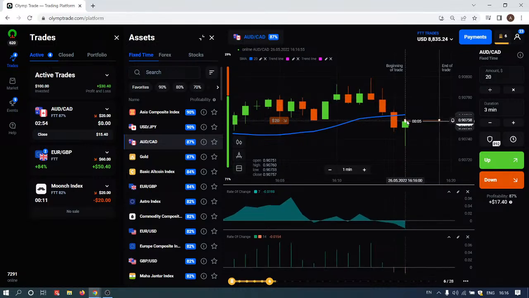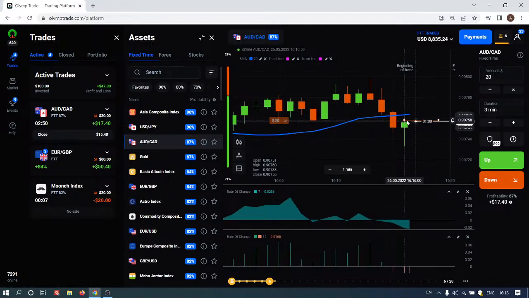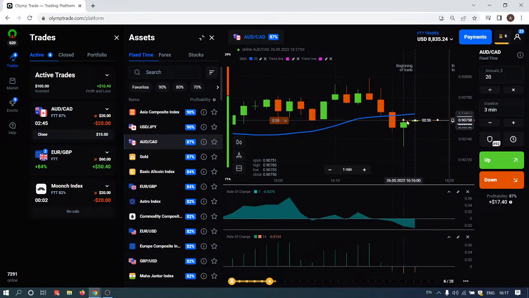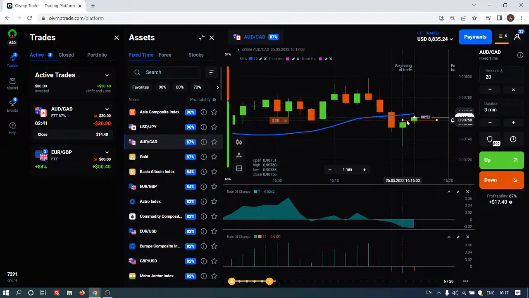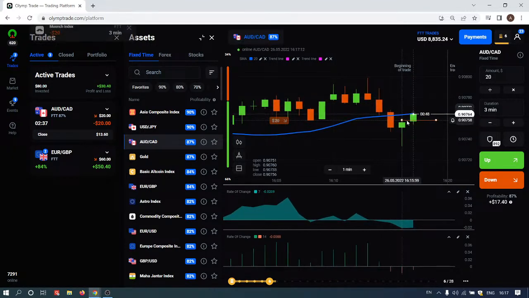Since I'm still in the game, that's a good sign. More than half of my trades, combined with money management, are right. I'm on the right side of the market.